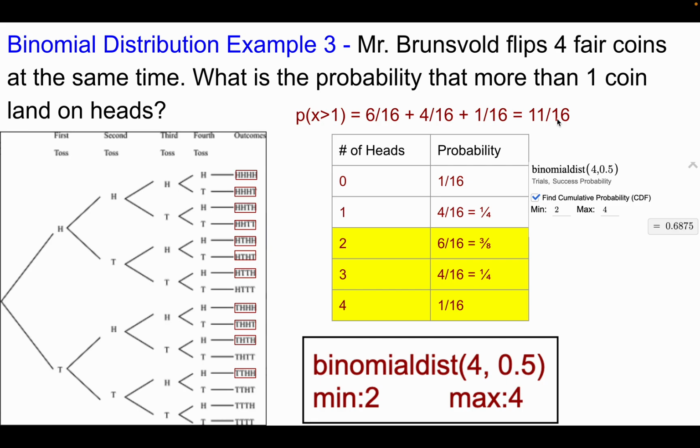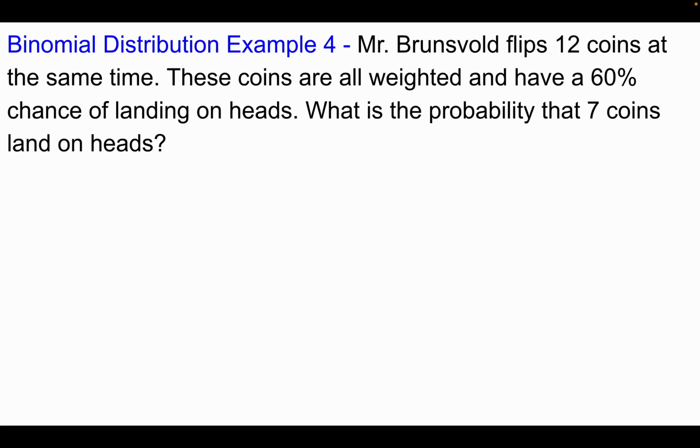Okay, a couple more examples. Now we're going to change it up a little bit. Mr. Brunsvold flips 12 coins at the same time. So you can imagine with 12 coins, you don't want to draw a probability tree. That's going to be a really big tree. These coins are all weighted and have a 60% chance of landing on heads.